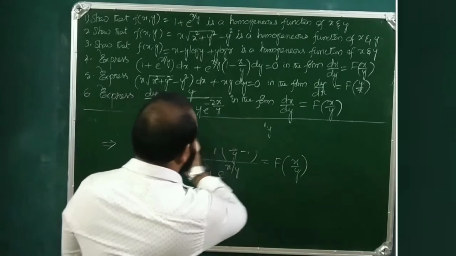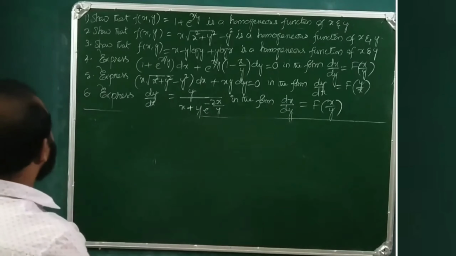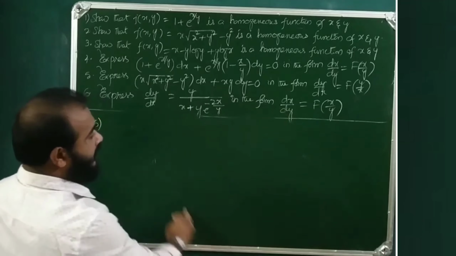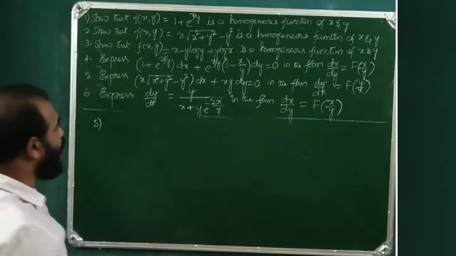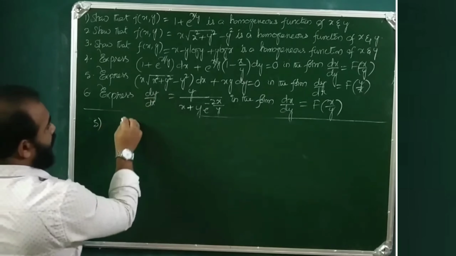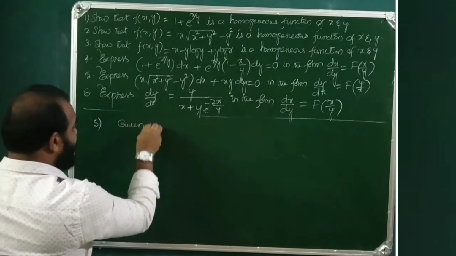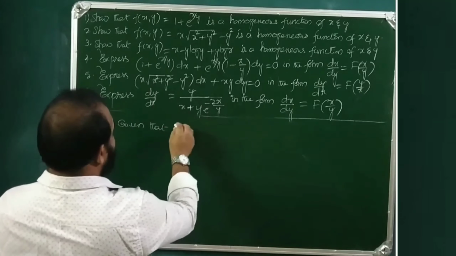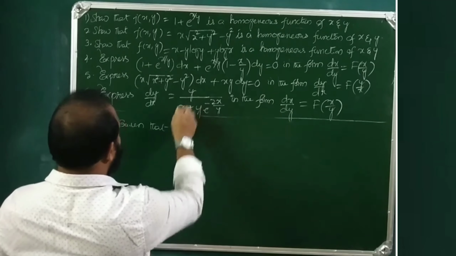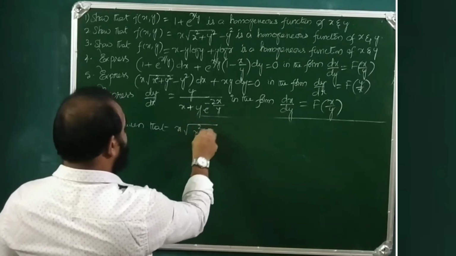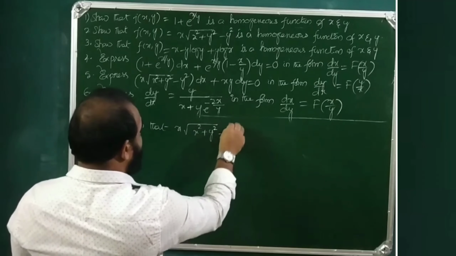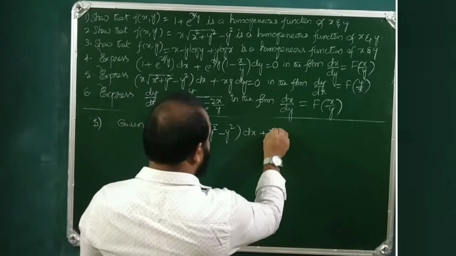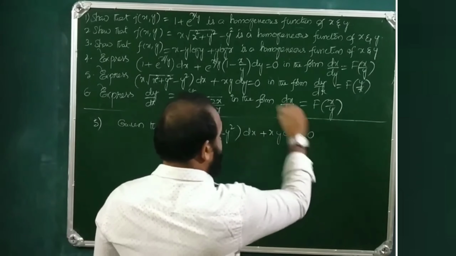Now the fifth question. Express this in the form of dy by dx is equal to a function of y by x. So given that x root of x square plus y square minus y square of dx plus xy dy equals to 0.